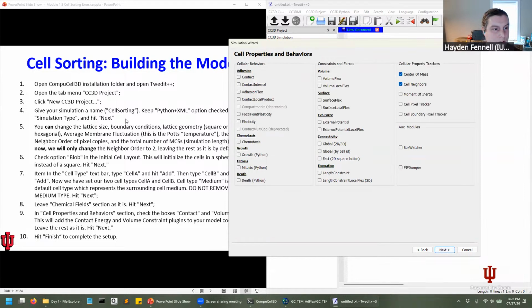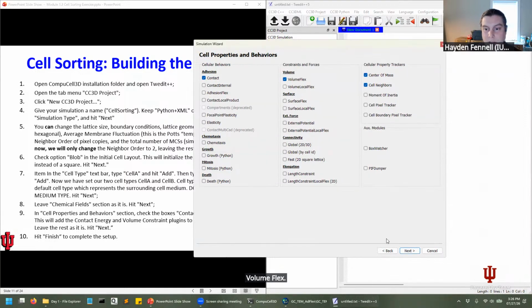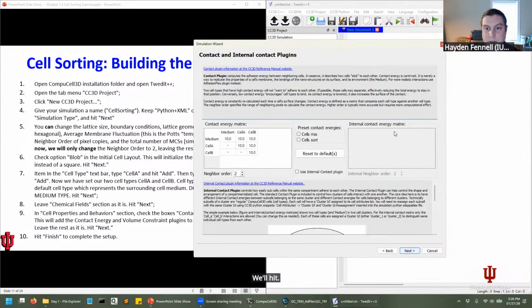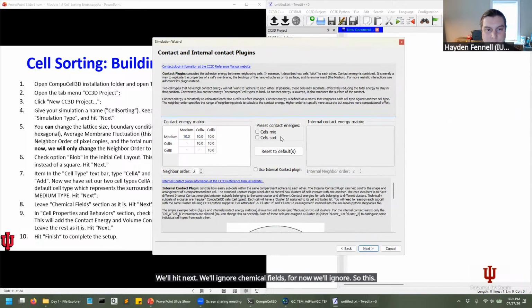We'll click next. And then from cell properties and behaviors, we need contact and VolumeFlex. We'll hit next. We'll ignore chemical fields for now. This pop-up page essentially lets you specify your values ahead of time.